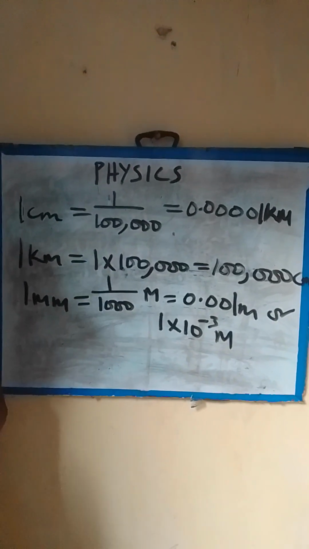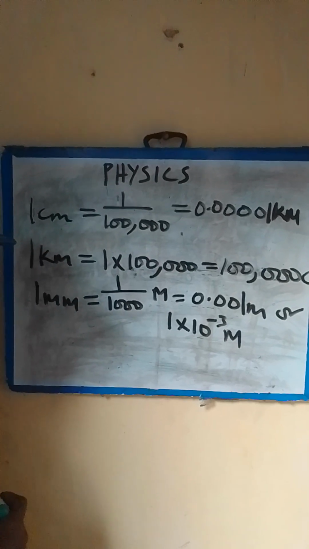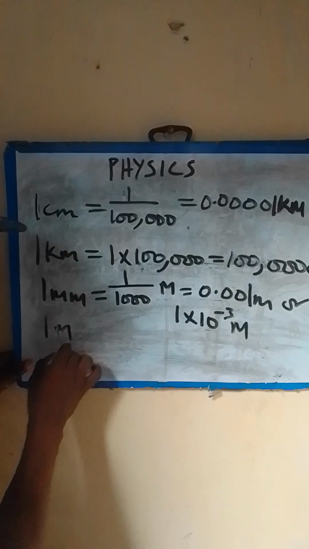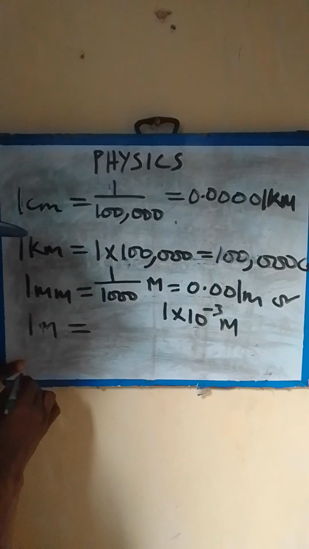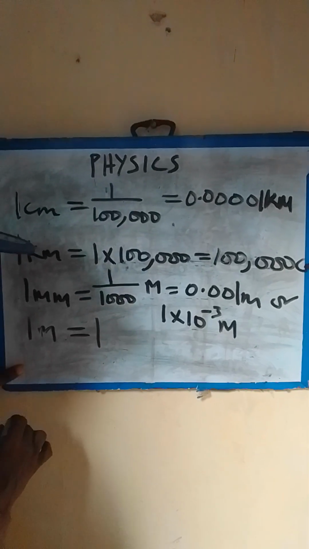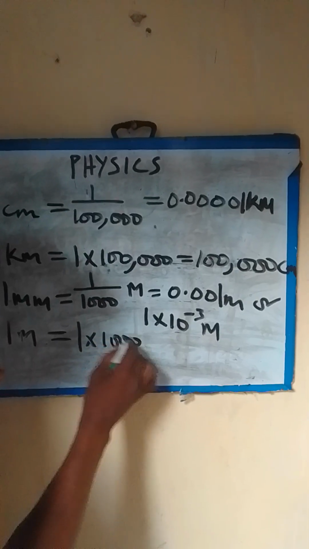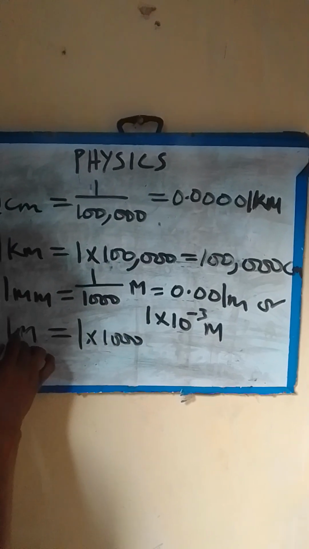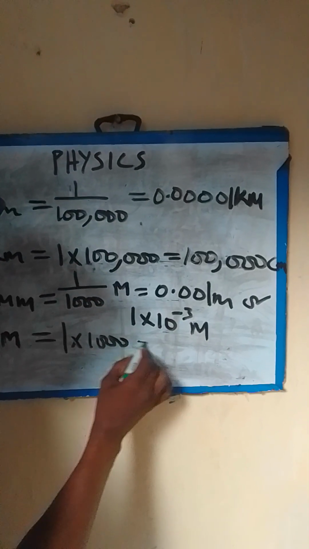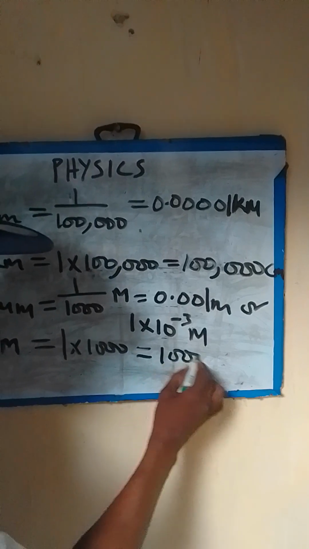To convert meters to millimeters, you multiply by 1000. Example, we are given a value, say, 1 meter. To convert to millimeters, you multiply by 1000, because 1 times 1000 will give us 1000 millimeters.